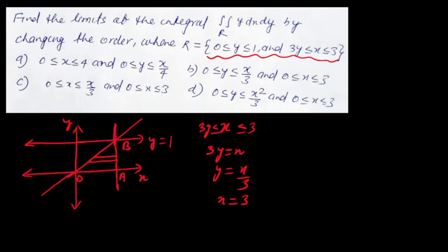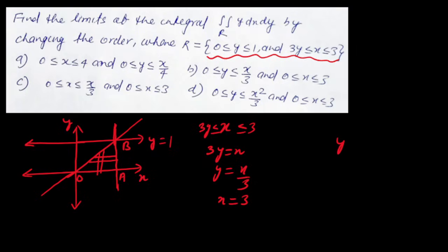Okay, so now I have to change the order of integration, which means I have to take a vertical strip. The limit of x is from 3y to 3. So if I take the vertical strip now to cover this region, y will start at the x-axis.